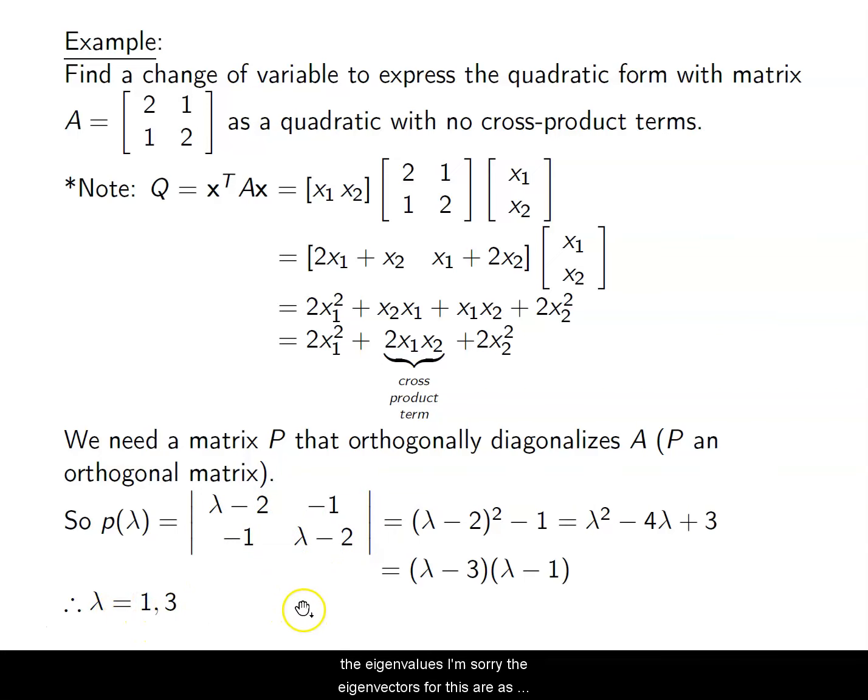Since I'm plugging in a vector that I'm calling x, I have to plug it into here because this is x transpose AX. That's when I'm in terms of an x vector, right? So I'm plugging that into 2x1 squared plus 2x1x2 plus 2x2 squared. Remember, x1 is 1, x2 is 2.